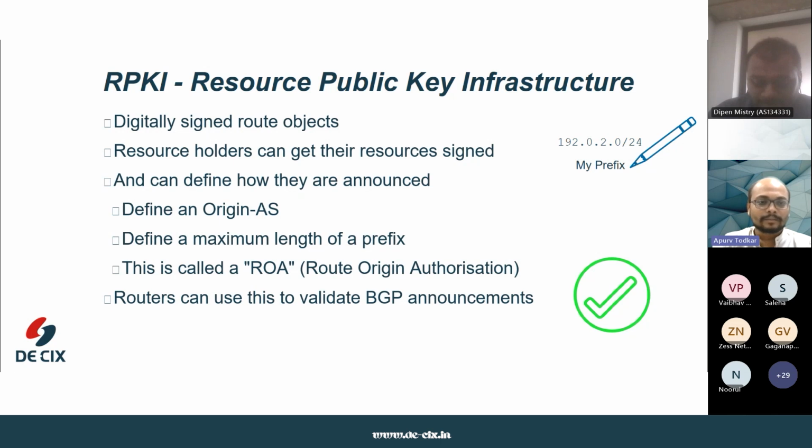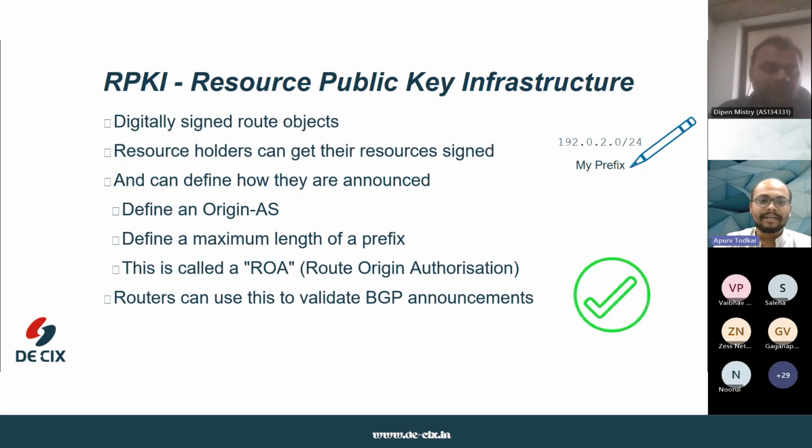Specifically, they can define an originating ASN which is allowed to announce a particular prefix, and the maximum length of a prefix. This information is contained in the route origin authorization, which is nothing but a ROA, a cryptographically secure way to inform the world which ASN is allowed to announce which prefixes.